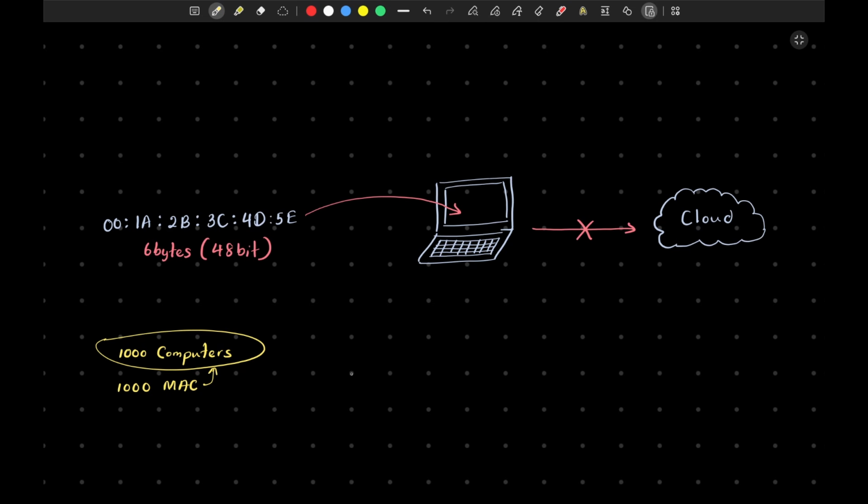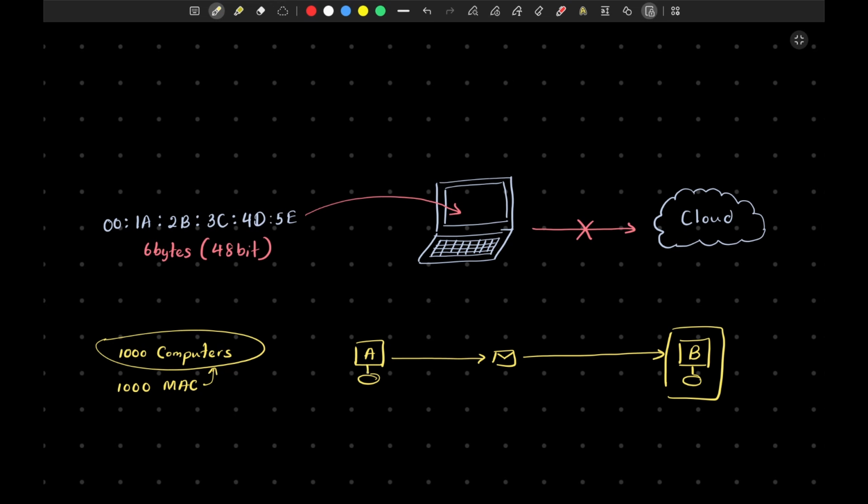So let's say in that network, there is a computer A and a computer B. Computer A needs to send some data over the internet to B. For that, computer A needs to know the MAC address of computer B, right?